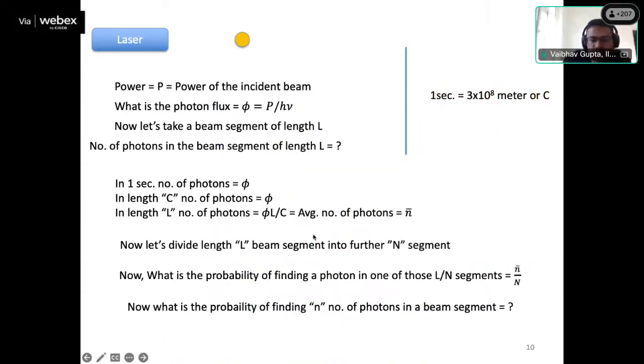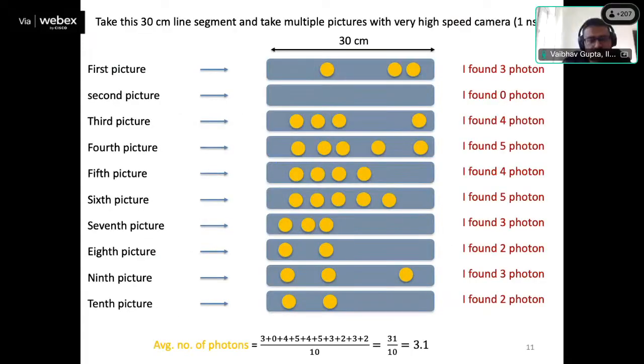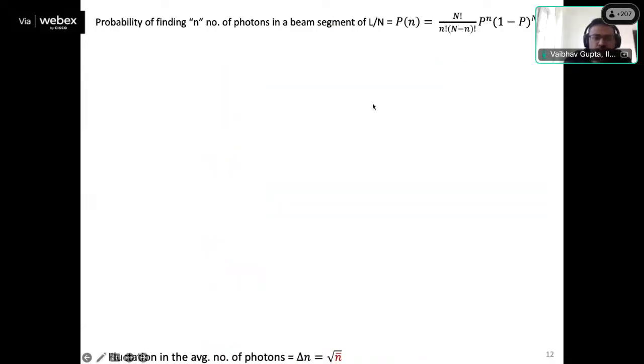We were trying to figure out the formula, how these are distributed in a particular manner. If you do that, you will find that the probability of finding n photons in the beam segment comes out like this. That is the formula. P is the probability, n is the number of photons: 2 photons, 0 photon, 1 photon, and this is the formula.